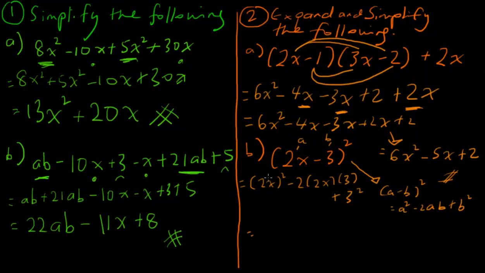So when you remove this bracket, 2x squared, 2 is multiplied by 2, so 2 squared is 4, x squared, so 4x squared, minus 2 times 2x times 3. 2 times 2x is 4x, 4x times 3 is 12x, so minus 12x plus 3 squared is 9. So this is your final answer for the second part of this question.